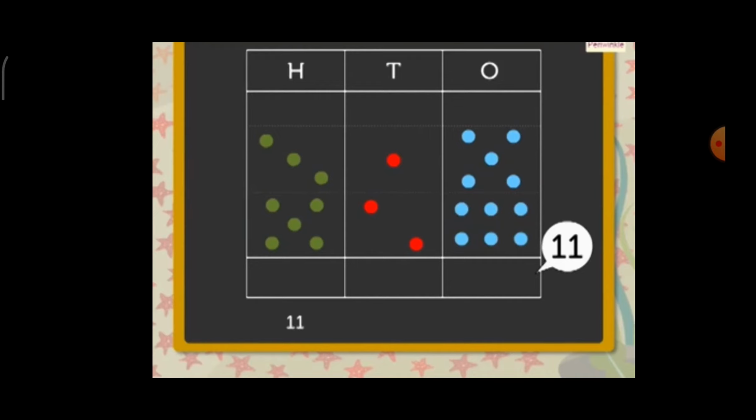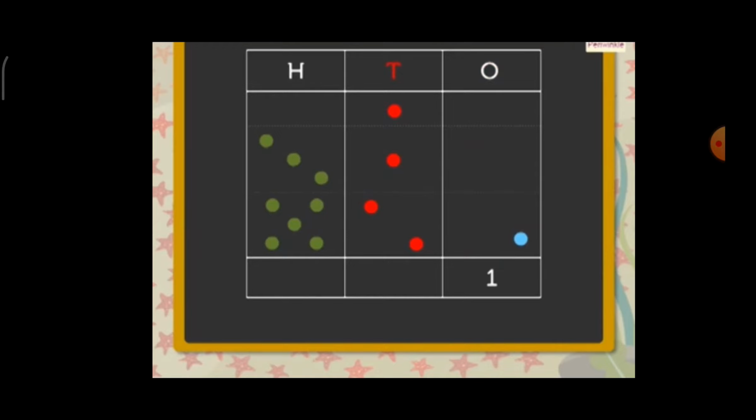Now we know that 11 ones is equal to 1 ten and 1 one. We can represent 10 blue dots as 1 red dot. So we regroup 11 ones as 1 red dot and 1 blue dot. So we get 1 one.